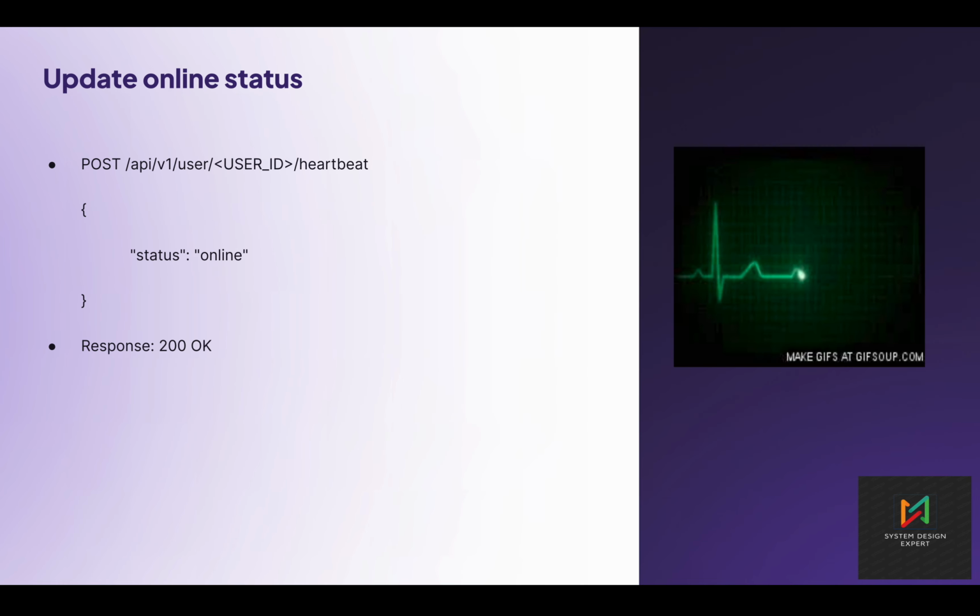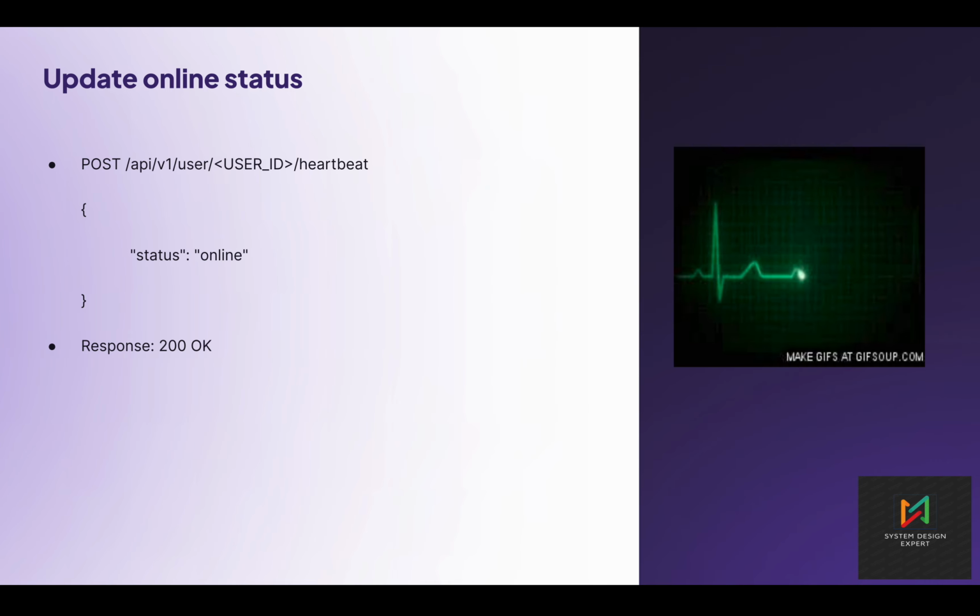Let's see how they look. Update online status, this is the first API we discussed. It is going to be POST. It can be used as a PUT API as well. We created a POST API so that for the first update it will create a new entity or a new record in the permanent storage. So POST slash API slash v1 slash user slash specific user ID and heartbeat.